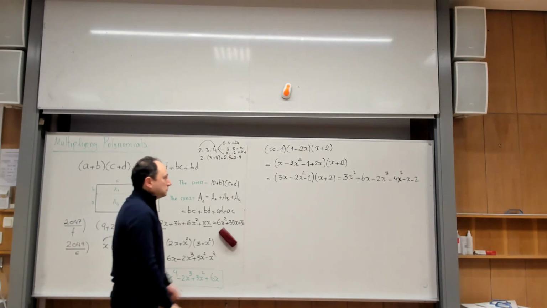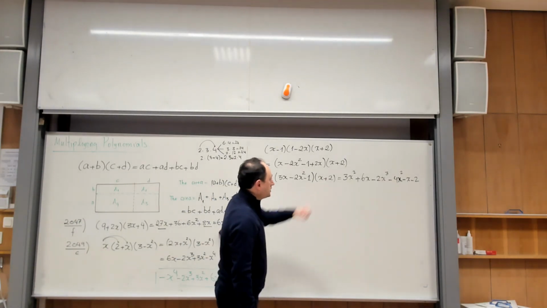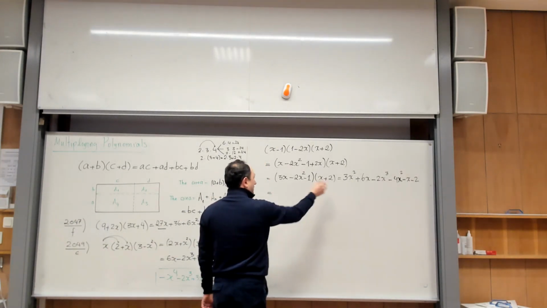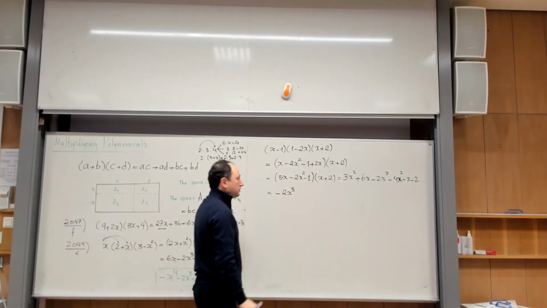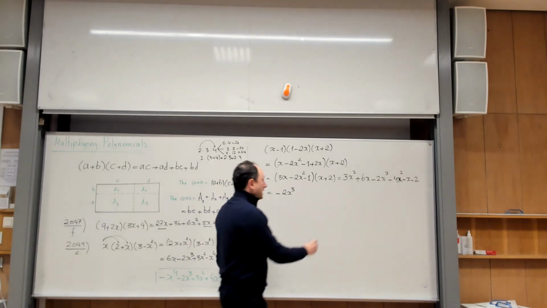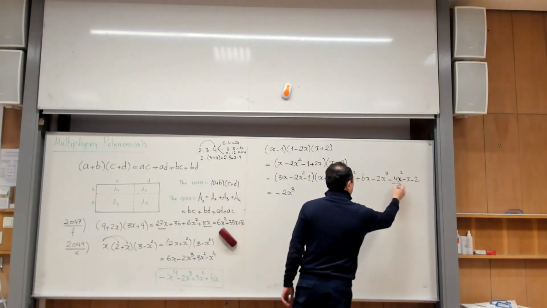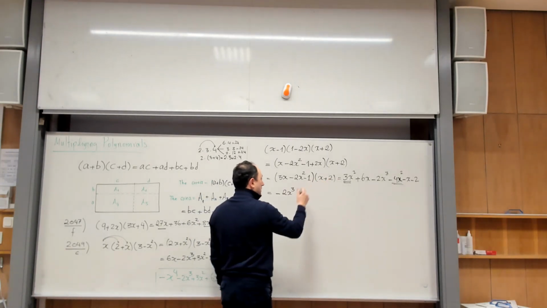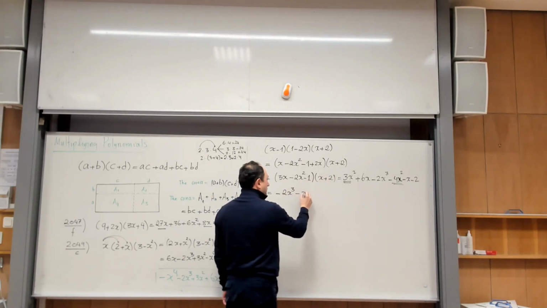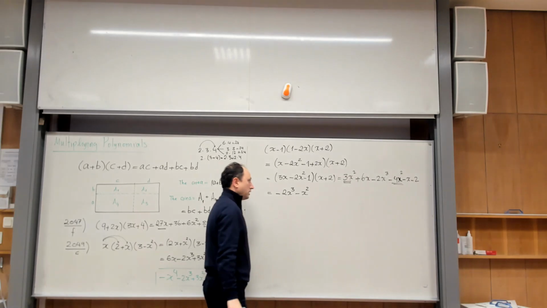Okay, and then I don't know which one do you prefer first. Yeah, it doesn't hurt. Let us write minus 2x cubed first. That is the only term involving a cubic term. But I have two terms with x squared. 3x squared minus 4x squared is minus 1x squared, but I just write minus x squared.